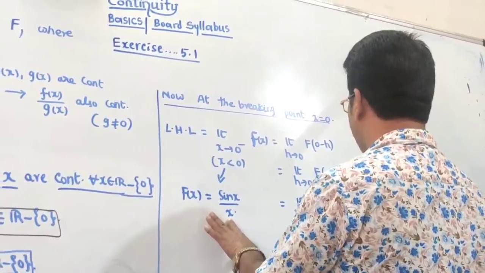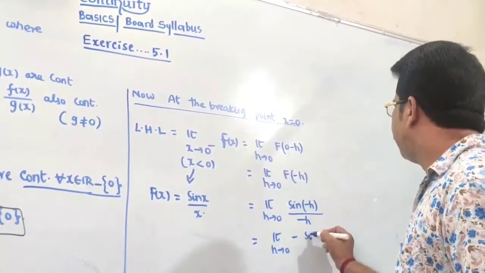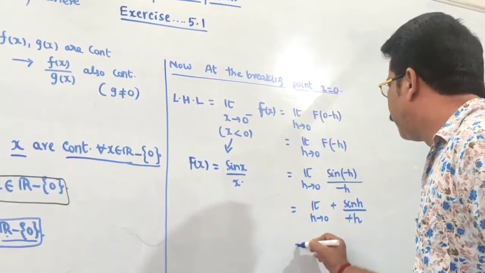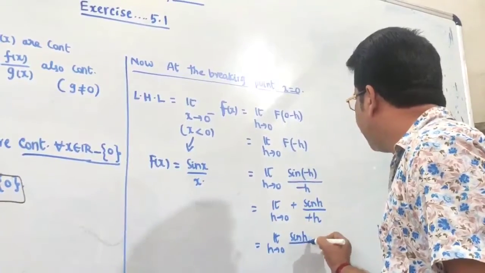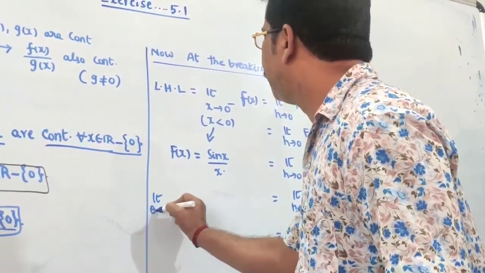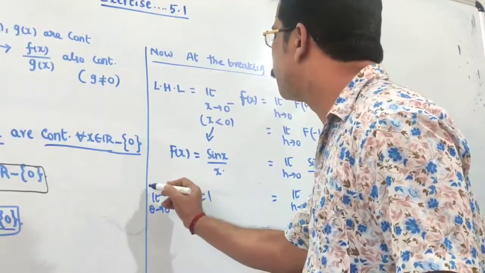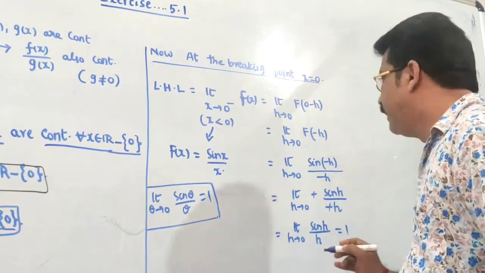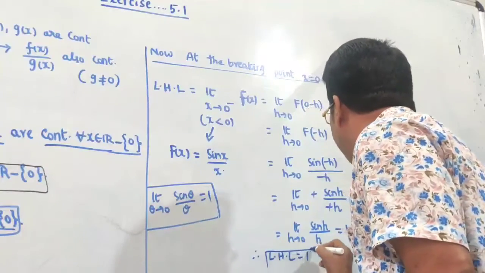By the basic formula sin of minus theta equals minus sin theta, minus by minus gives plus. So that is equal to limit h tends to 0 of sin h divided by h. The basic formula is limit theta tends to 0 of sin theta divided by theta equals 1. Due to this it is 1. So therefore left hand limit equals 1.